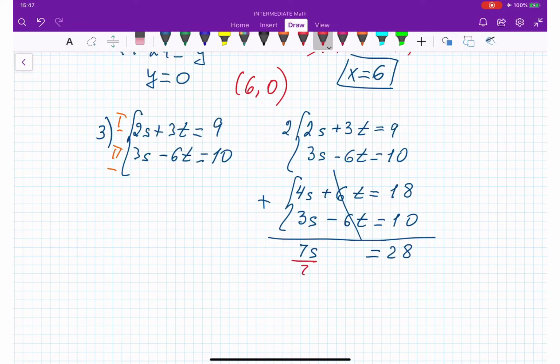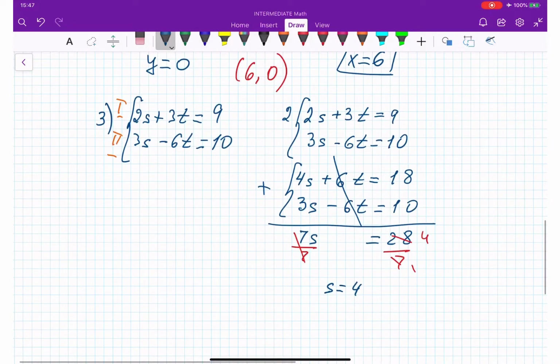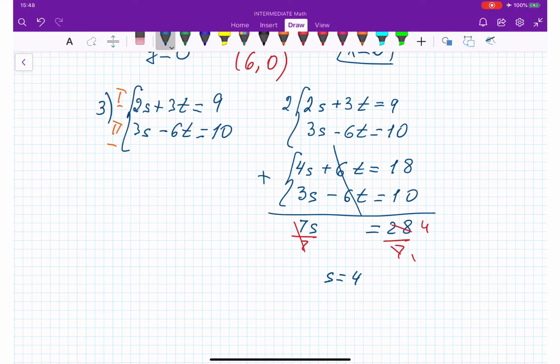Dividing by 7, I will get 1 and 4. So s is equal to 4. Now let's find out t. When you are using the method of elimination, you can plug into either equation you want. So s is equal to 4. I'm going to choose the first one.